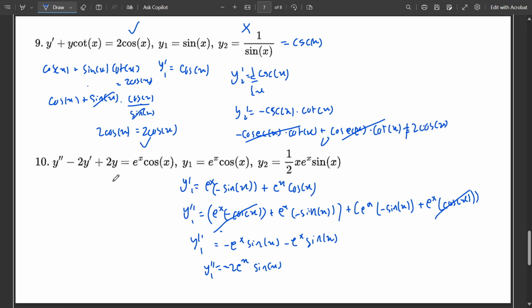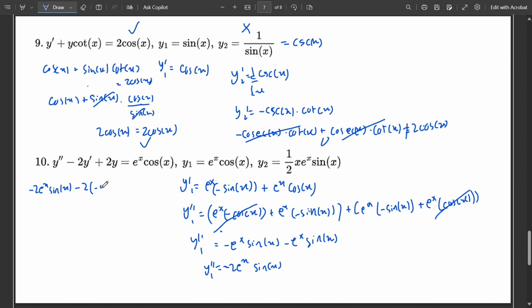So substituting into the differential equation, we have y double prime, negative 2 e to the x sine of x, minus 2 times y prime.